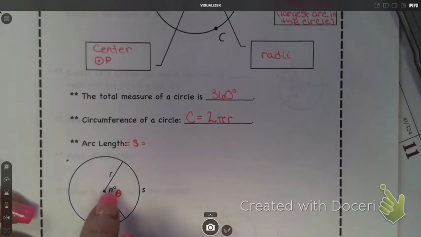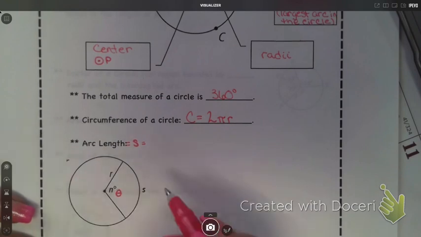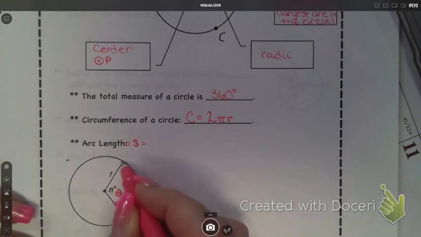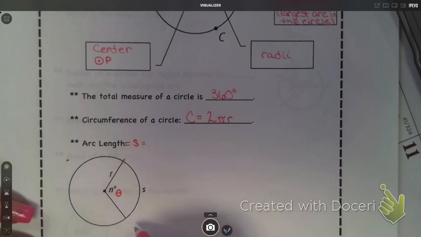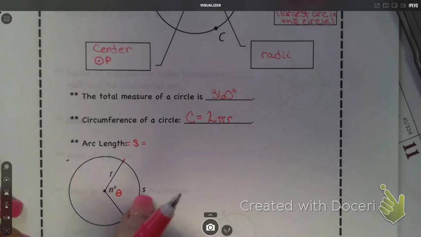So theta is a fraction of 360 degrees, correct? Like a third, a fifth, a 1/18th, whatever. Would not this length from here to here that we are calling S be a fraction of the whole circumference? Yes. And those ratios are equal.